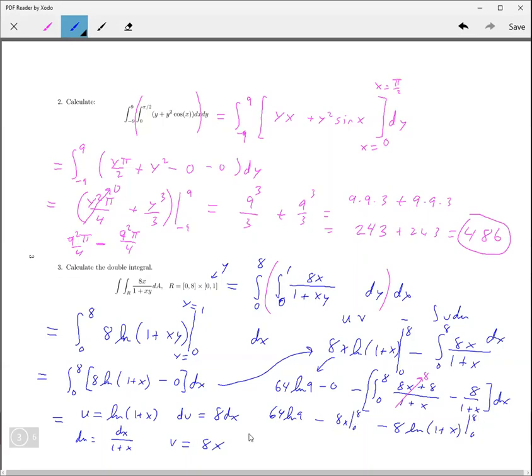So we put an 8 in here, so we have 64 log 9 minus, you put an 8 in there, you got 64, and then put a 0, that's 0. Put an 8 in here, that's going to be 8 log 9. And then you put a 0 in here, you get log 1, which is 0, so that goes away. So it looks like 56 log 9 minus 64.